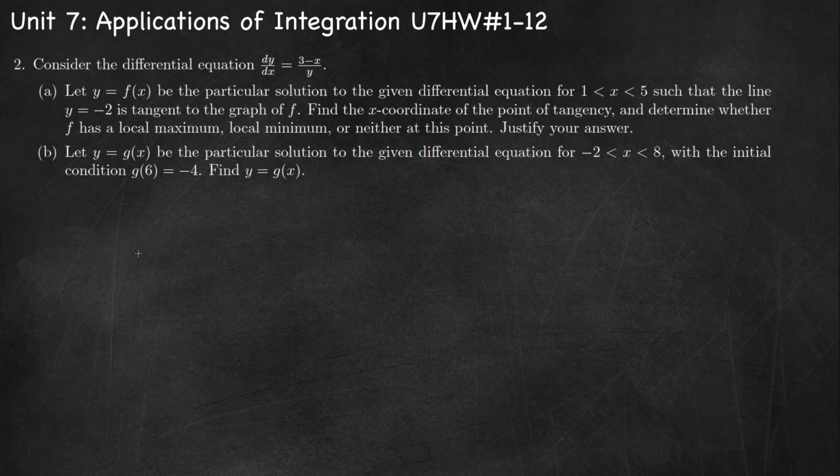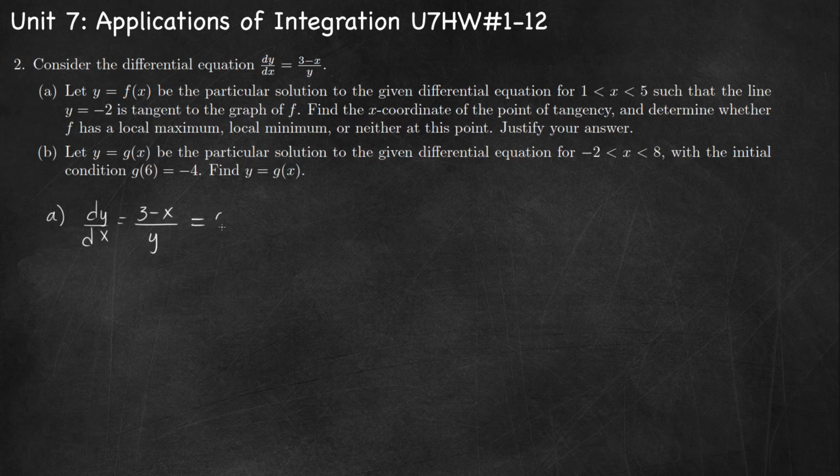So first of all, notice that y equals -2 is a horizontal line. That means we have a horizontal tangent, and a horizontal tangent has a slope of 0. So we know that at this point in question, this point of tangency, dy dx is equal to 0. And dy dx is a fraction, right? We have dy dx equals 3 minus x over y.